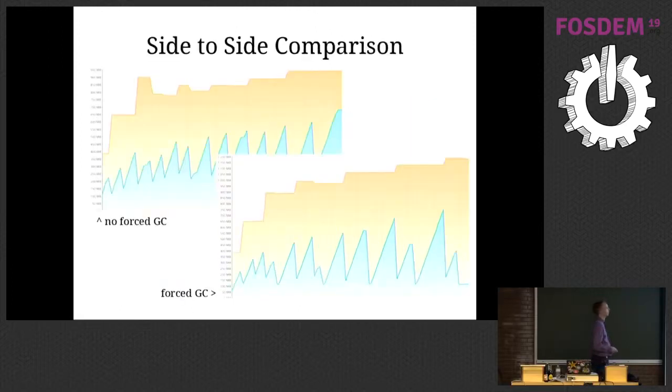But when you compare two runs of the benchmark, one with no forced garbage collection and one with forced garbage collection, you see that the shape is quite different. You're interfering a lot with what the garbage collector is doing and how the JVM would react naturally if you just let it do its thing.